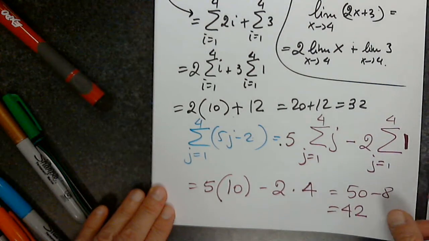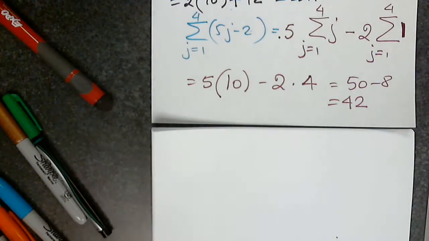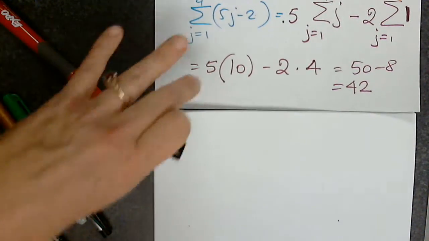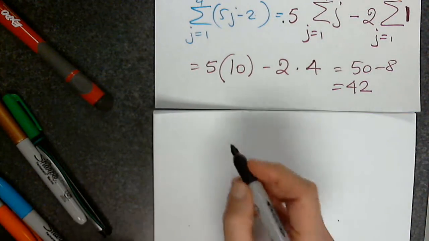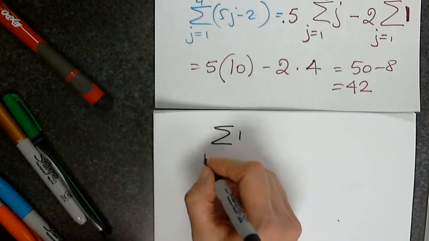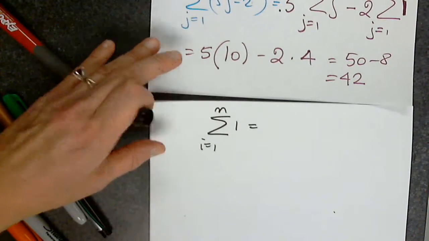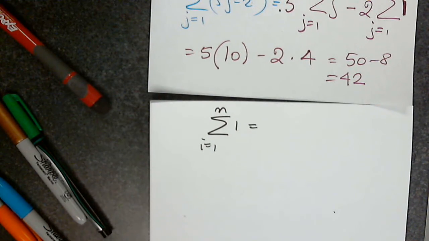Any questions? Okay. We can prove, and you can choose, and we can do that, the following. This one we know. We already discussed this several times. How much is this? n.